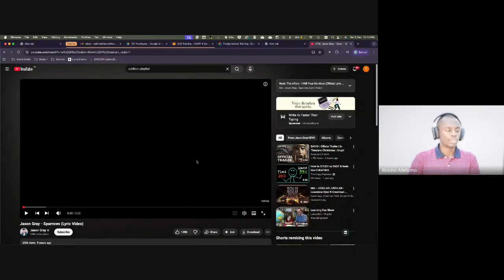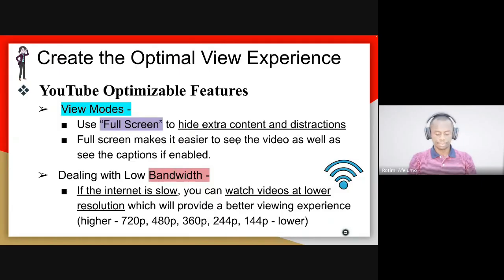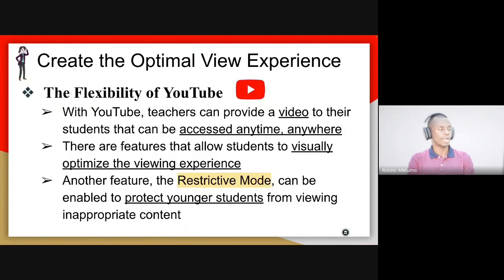All right. So a few things that we need to do. One is restricted mode. When people watch videos, there are some features that enhance your video watching that are good for you. You can also restrict.